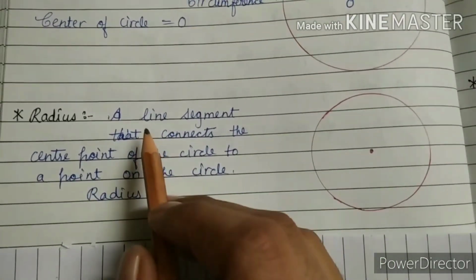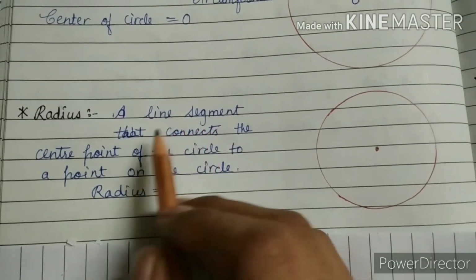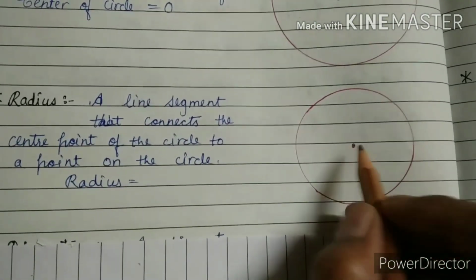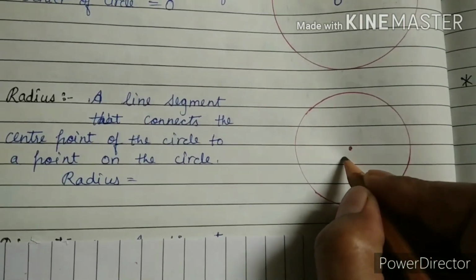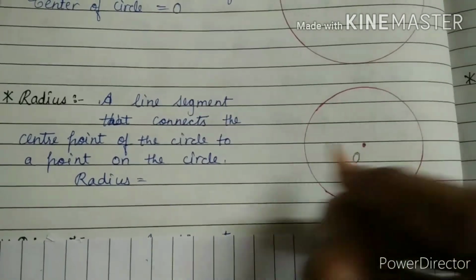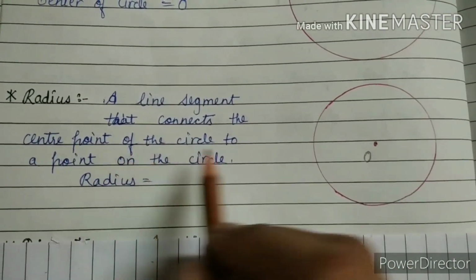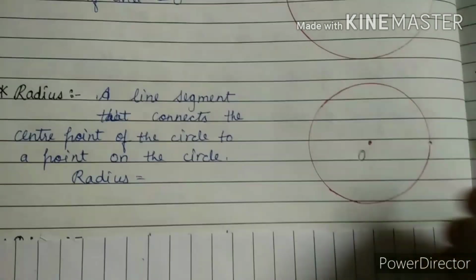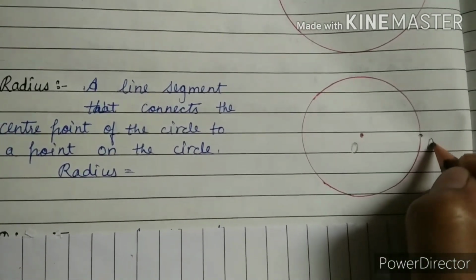So where is the center point? This is the center point, and we have to put a point name. Here I am putting its name as O. Here I am putting the point on the circle whose name is A.